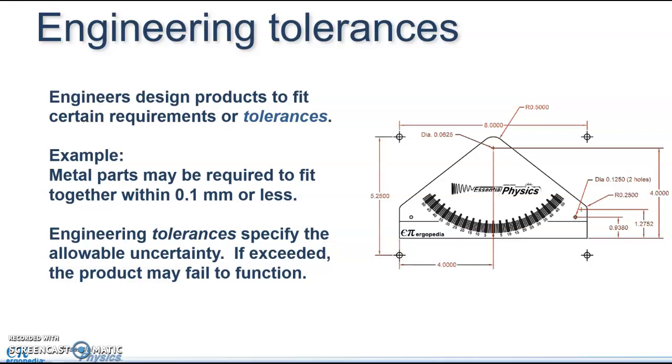All right, and then uncertainty is involved in what we call tolerances in engineering. It's pretty important that when you engineer something, that you are able to engineer it within a certain amount of uncertainty so that the parts fit as they're expected. Generally speaking, the tighter the tolerance, the more expensive the manufacturing process is.